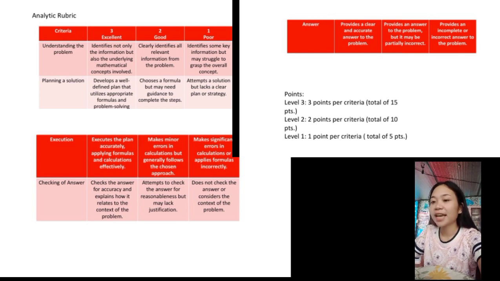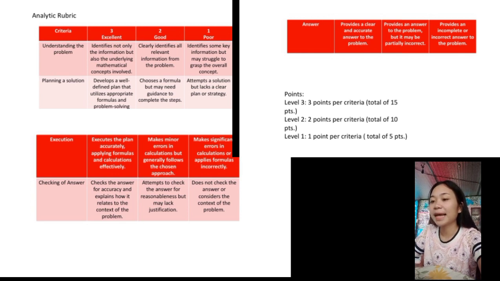The next criterion is planning a solution. If the student develops a well-defined plan that utilizes appropriate formulas and problem-solving strategies, she will get 3.